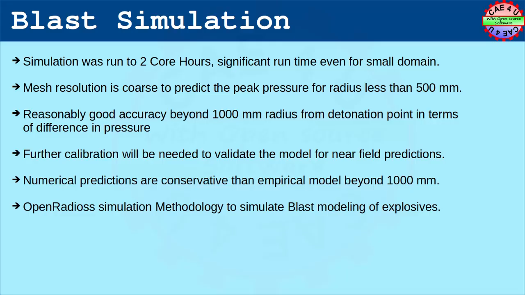A mesh size and time step sensitivity study can be helpful if it is necessary to calculate accurate results near the TNT surface. At the same time, the numerical simulation provides reasonable and conservative results after 500 mm of radius from the detonation point. We conclude that the present work can act as a good starting point for simulating blast and its related problems.